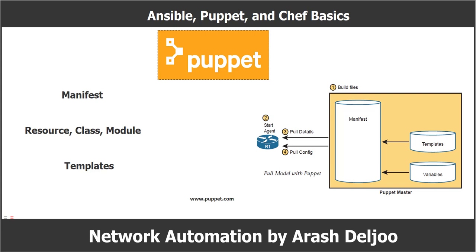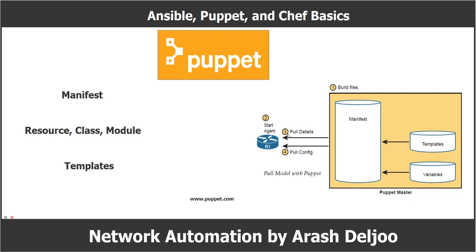Armed with a manifest that declares something like "this device should have this configuration state," Puppet uses a pull model to make that configuration appear in the device. As we can see in this figure, in step 1, the engineer creates and edits all the files on the Puppet server. In step 2, the engineer configures and enables the on-device agent or a proxy agent for each device.